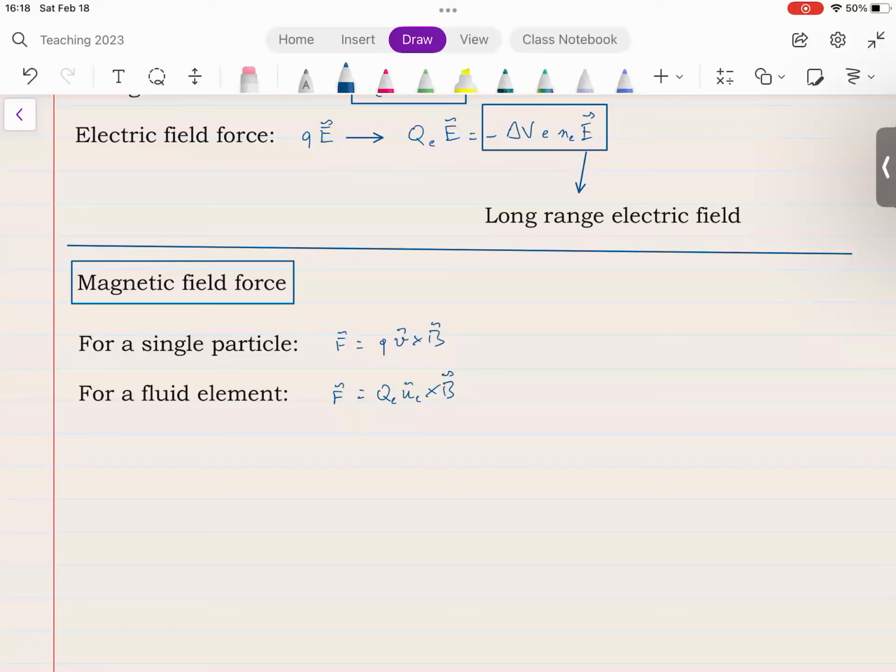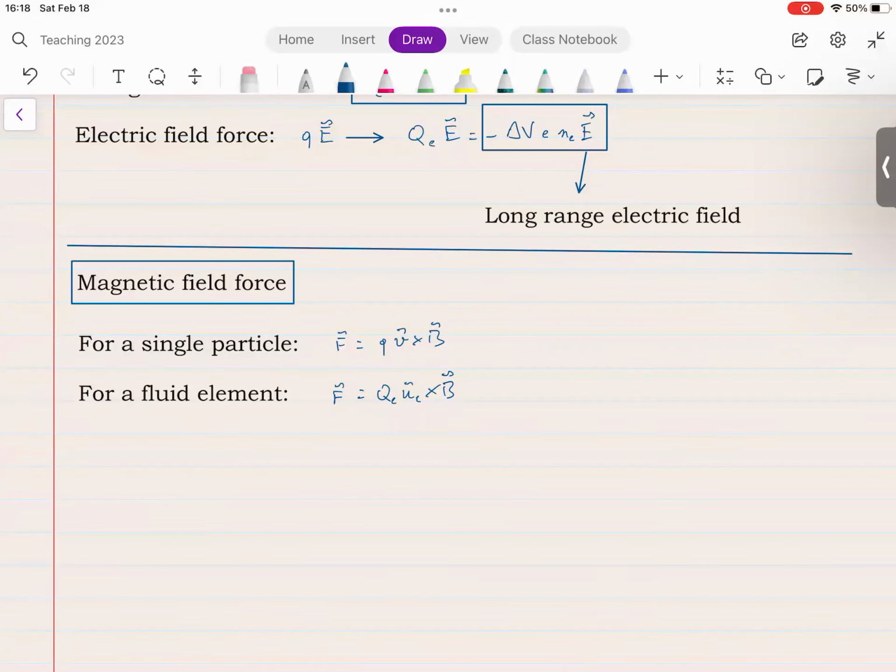This may be a bit of a leap of faith. You may not exactly be clear what I'm doing, but you can convince yourself that this is the correct expression in two ways.